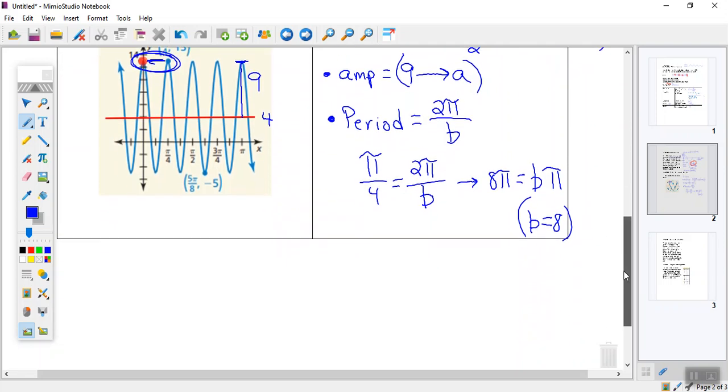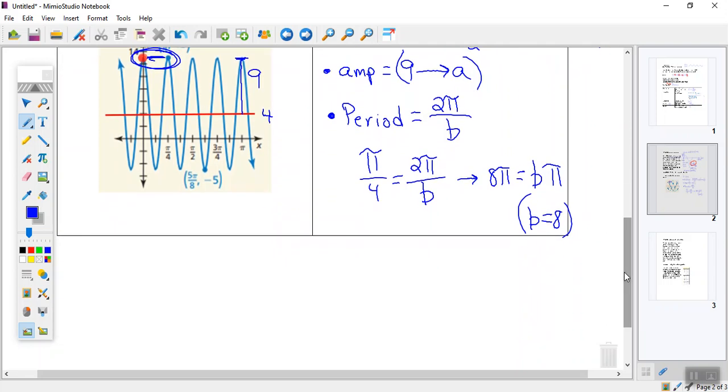So we think the function for this has to be the following. We think it must be y equals, okay, what was the amplitude again, friends? 9. We thought it was a positive cosine function, right? Times b, which is 8, plus your midline now. I think it was 4, wasn't it? Why no h value to this?